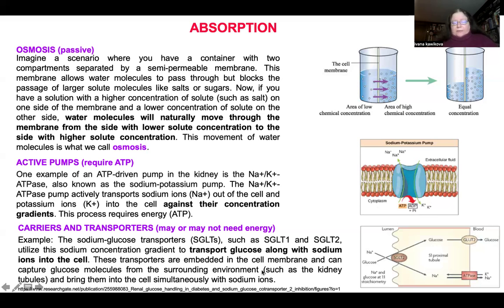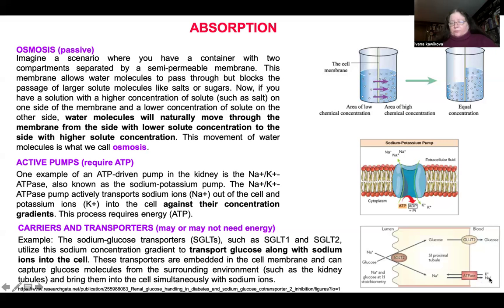And the third process that is typically happening, which may or may not directly need energy, is facilitated transportation, which, for example, is the case of sodium-glucose transporters, which are facing the lumen of the tubule and are able to bind both sodium and glucose. Now, if we look at sodium, on the opposite part of the cell the sodium-potassium pump is functioning, the one that needs ATP.